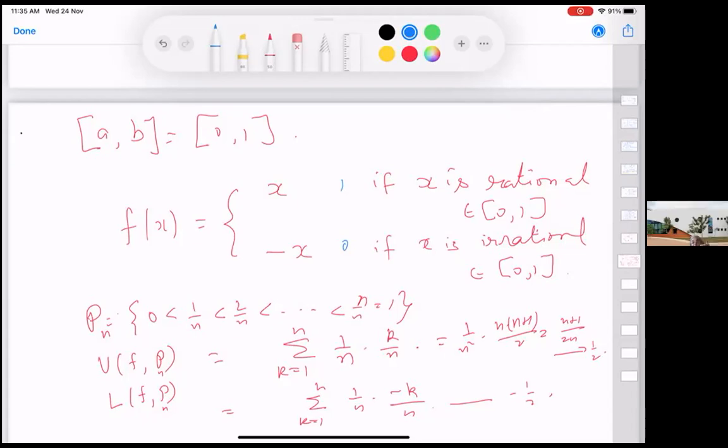If you can show that there is a partition at which the upper and lower bounds agree, then they will agree everywhere, no problem. But in most examples, you will not get any partition where they will agree. They can come close to each other, but may not agree. As I said, for f(x) equal to x, you can't get any partition at which the upper and lower bounds will agree.